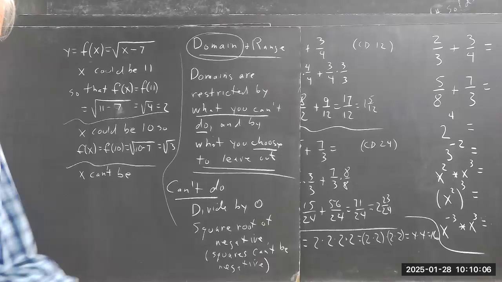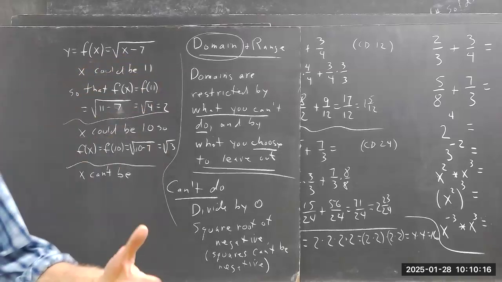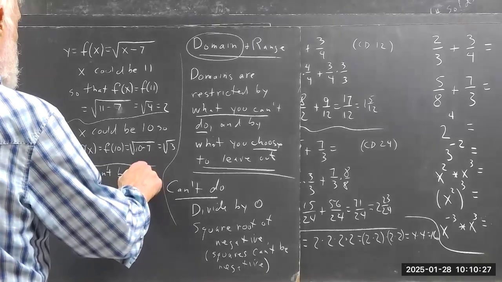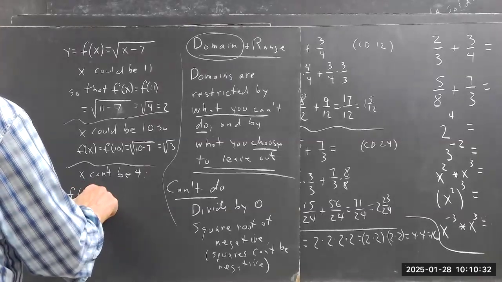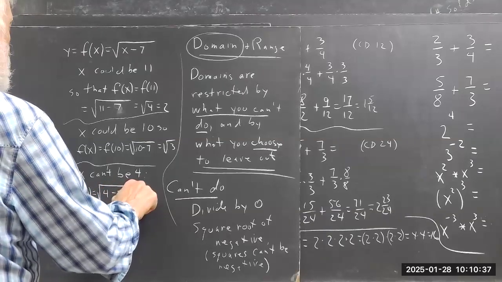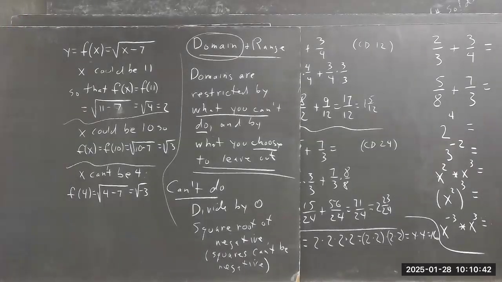Okay, what can't X be? Give me a number that X can't be. Is that 9? X could be 9. 9 minus 7 is 2, and the square root of 2 is a perfectly good number. Okay, but X can't be 4. Why can't X be 4? Square root of -3, right?